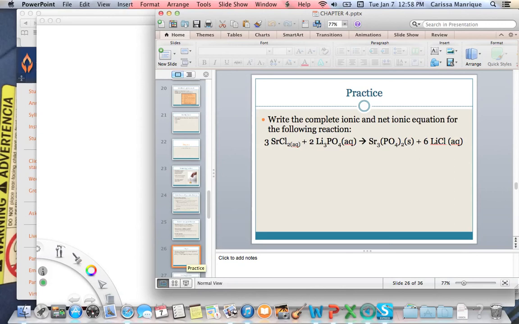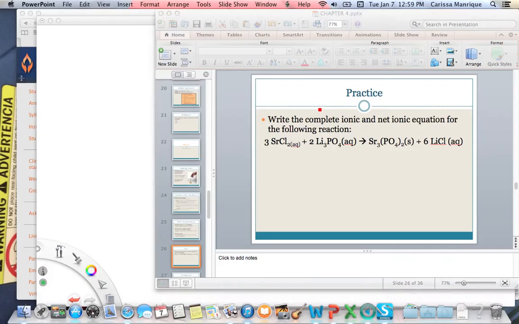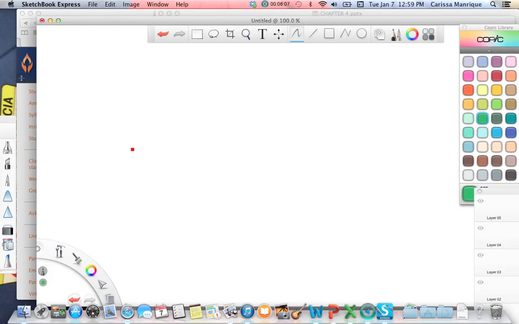Okay. I have 3 SrCl2, and this one is aqueous.